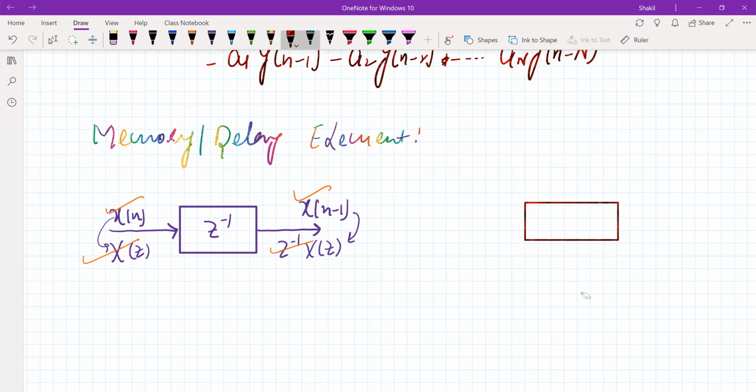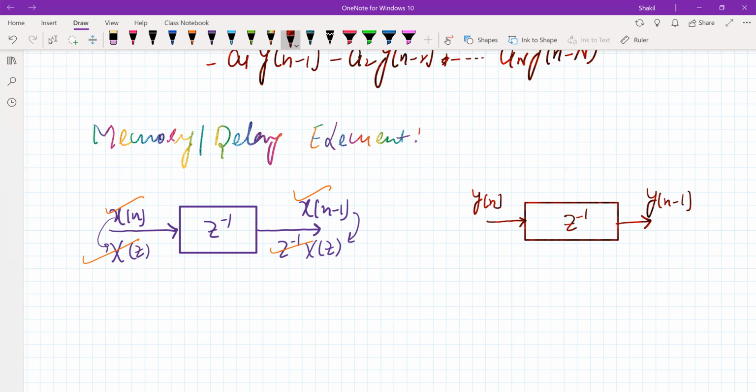So if the input is y of n, then the output will be, and the element is represented by this z inverse. So inside this box we write z inverse. This means delaying the input by 1, so the output will be y of n minus 1.